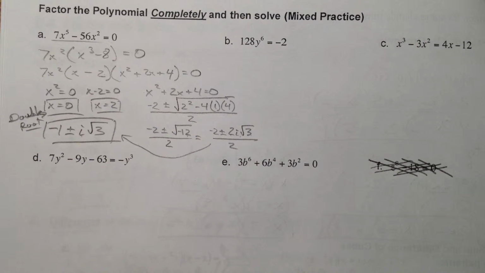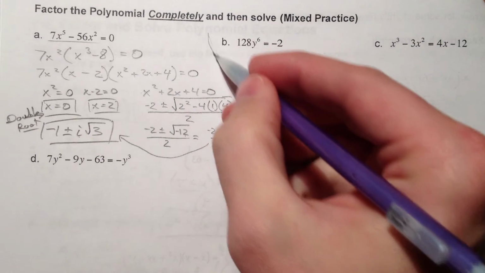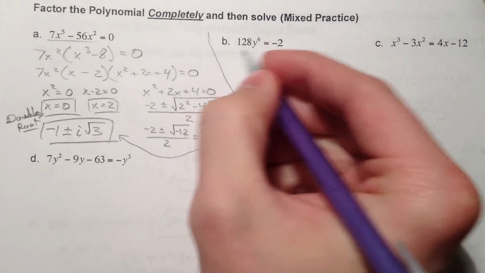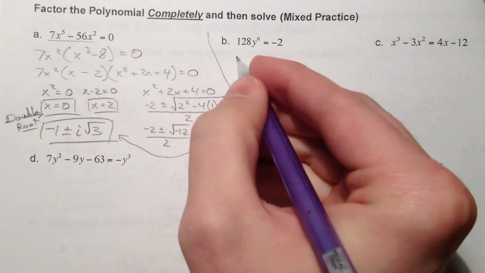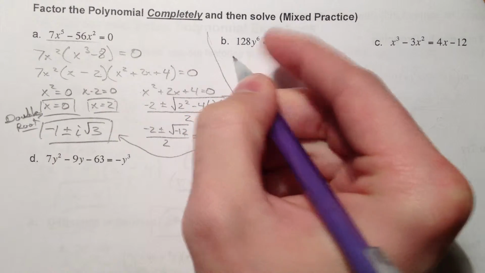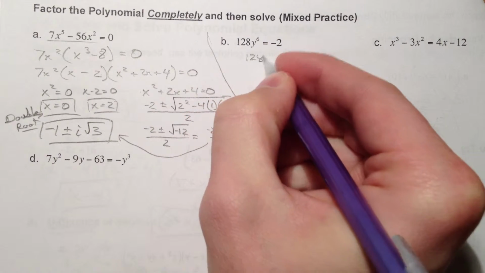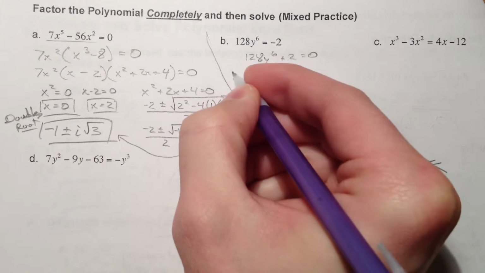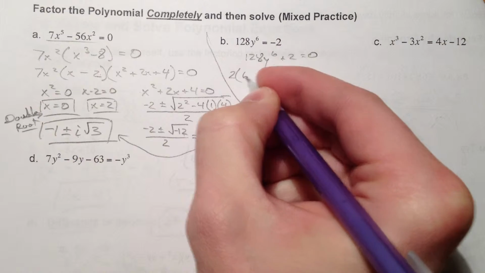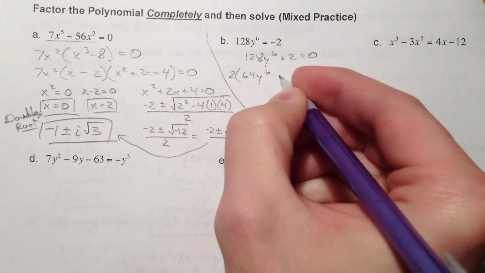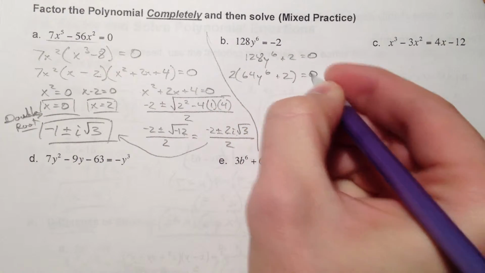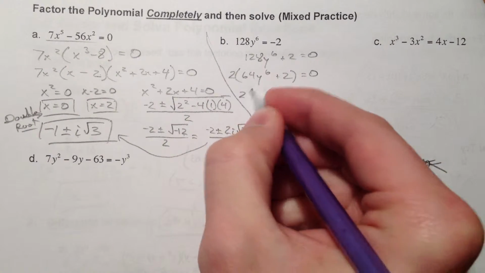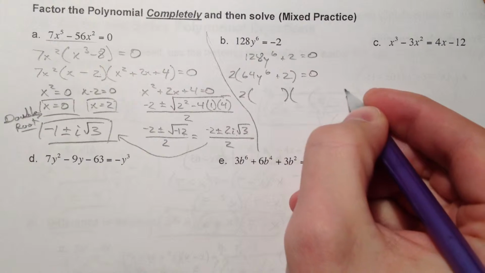Alright, so let's solve another. We can move the 2 over, and so you get 128 y to the 6th plus 2 equals 0. You can pull out the 2 and you get 64 y to the 6th plus 2 equals 0. And then binomial times a trinomial.